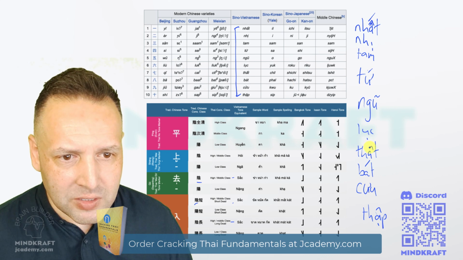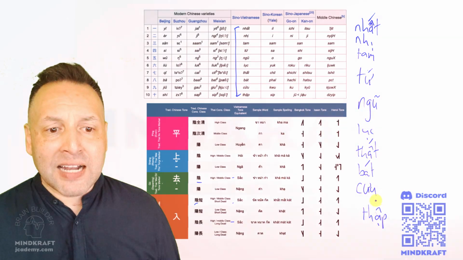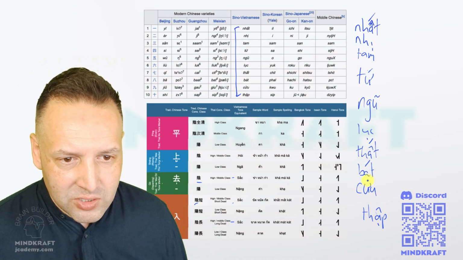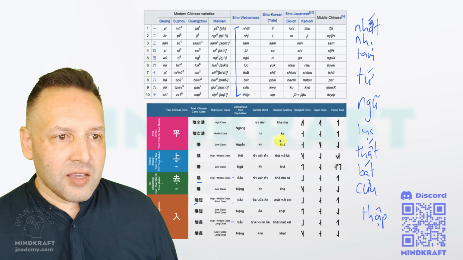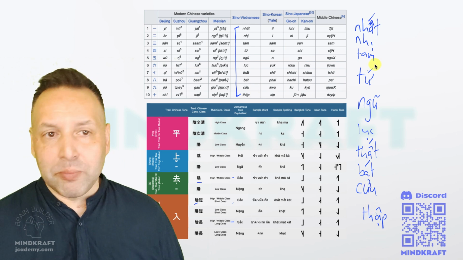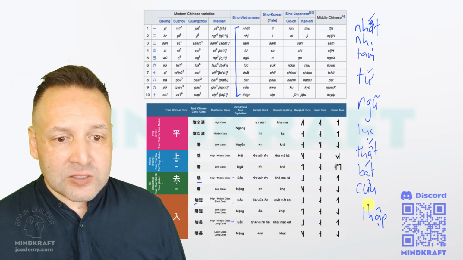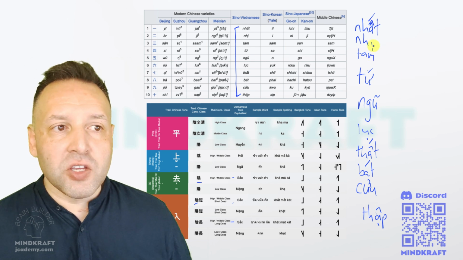Yeah, it should be this tone marker here, sắc tone. So thất, bát, cửu. Is that the right tone? No. This should be this hỏi tone over there. You can see here. And then thập. Let me say it again. Nhất, nhị, tam, tứ, ngũ, lục, thất, bát, cửu, thập. Okay, so these are the numerals.